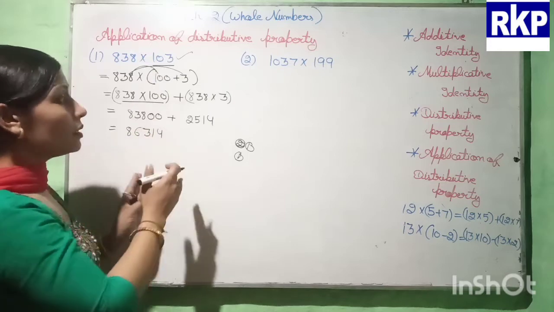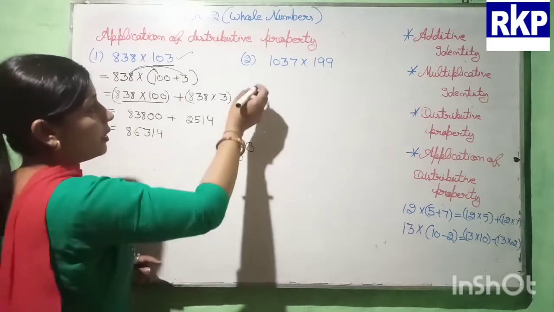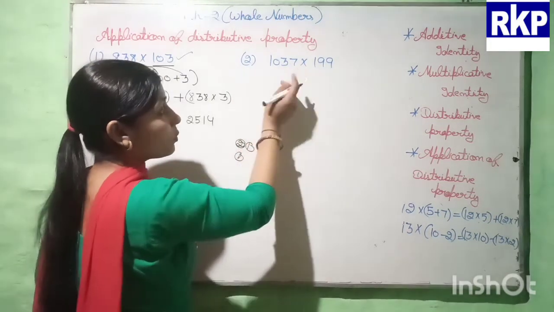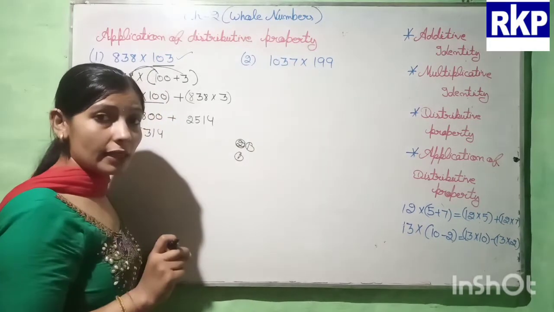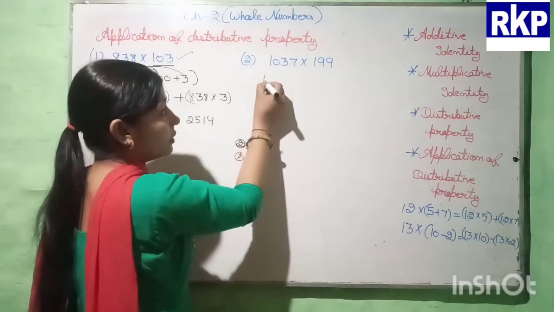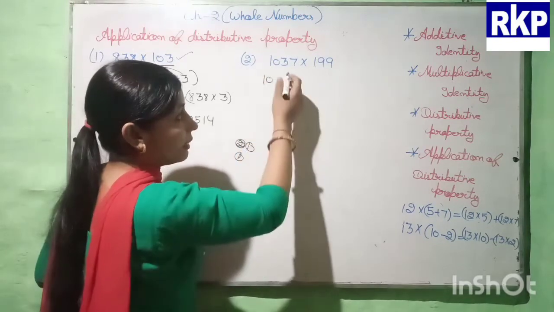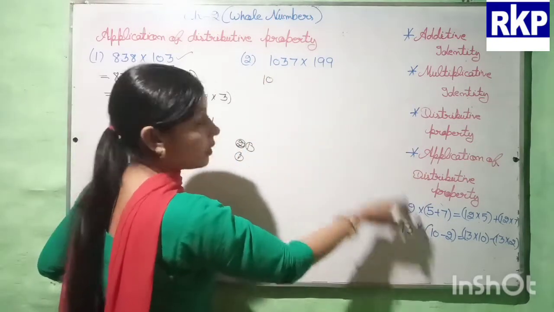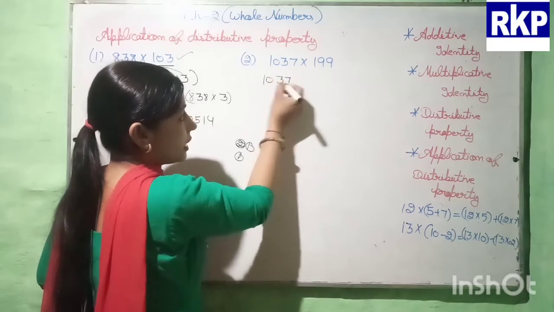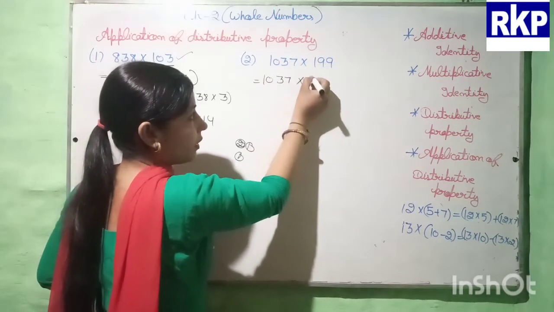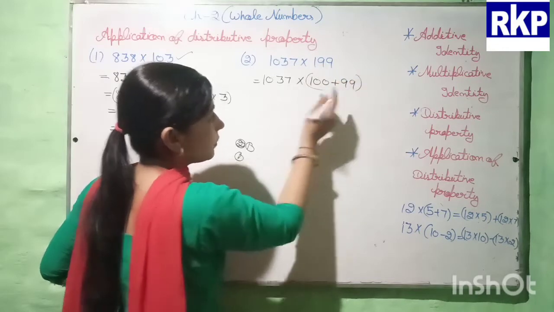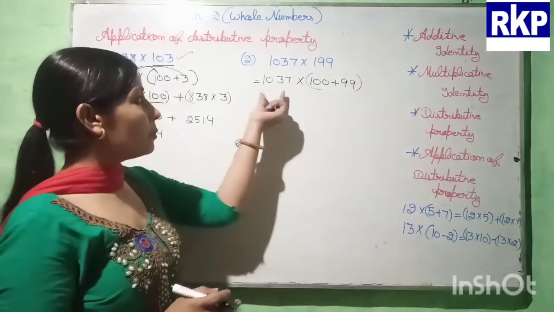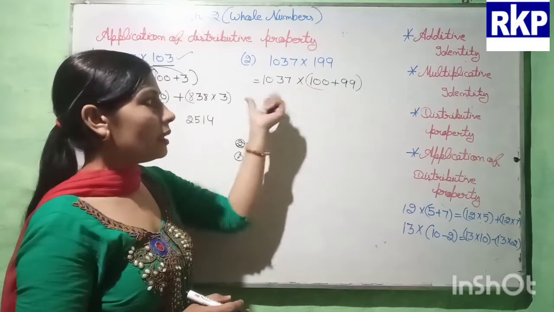Okay, so like this we have to solve. We have to use the distributive property. Now beta, here we have to multiply 1037 with 199. So here also we will write it in this form. So 1037 multiply. If I write here 100 plus 99, then we can multiply this number with 100 very easily.